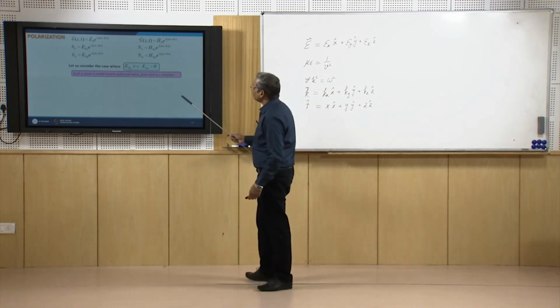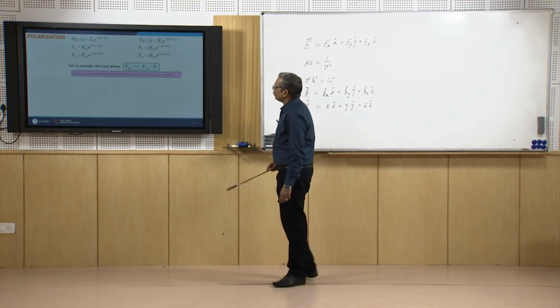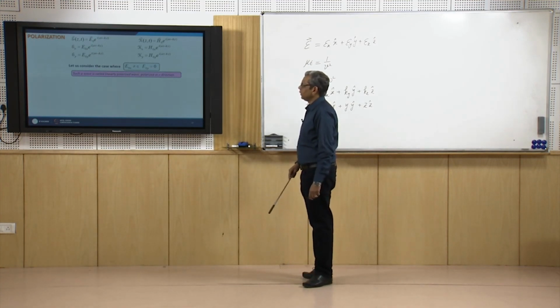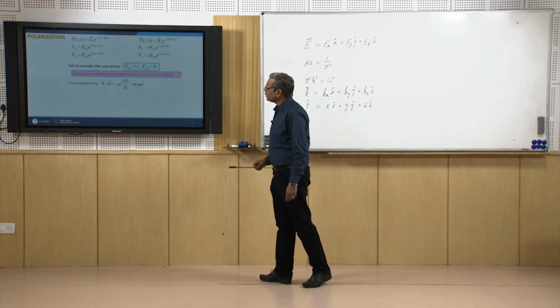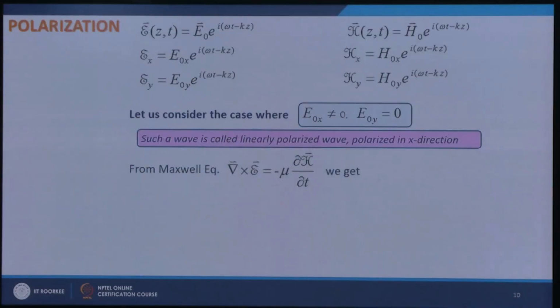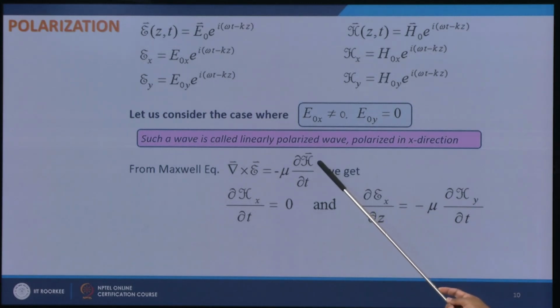Okay. So, if I consider this, then what is the corresponding magnetic field? Okay. To get the corresponding magnetic field, I use the Maxwell's equation which relates the electric field to magnetic field. Then if I take the x component here Hx, then del Hx over del t will be 0 if I use this, and del Hy over del t times mu would be equal to minus del Ex over del z.